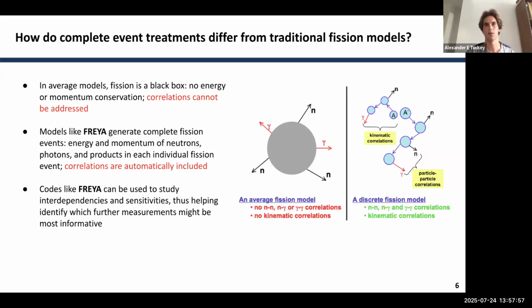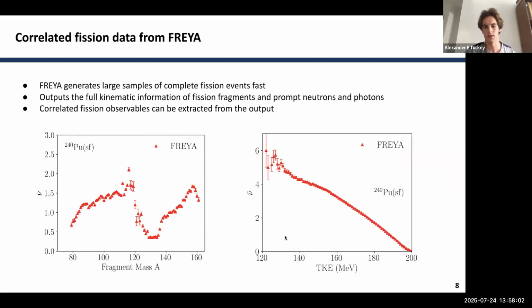The kinematic correlations can be, for example, what I showed here, the plot on the right: the neutron multiplicity as a function of the total kinetic energy of the fragments. There's all sorts of ways to mix these different fission observables. So you could have the angle of neutron emission as a function of the kinetic energy of the fragments, for example.